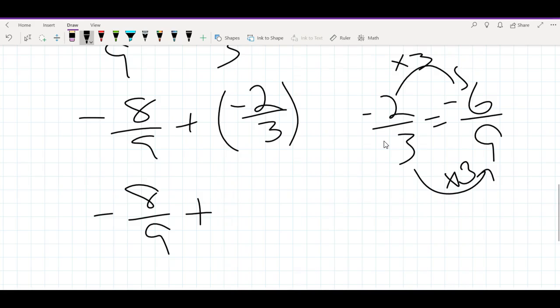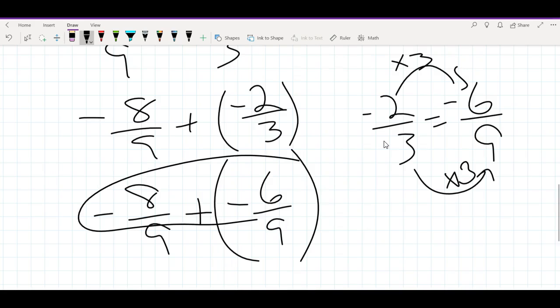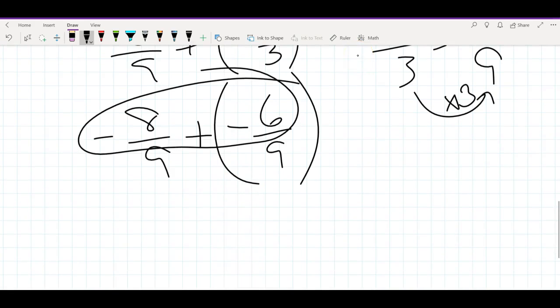So we're actually adding the opposite of 6/9. So now we're adding two numbers with the same sign. Negative 8 plus a negative 6 is a negative 14, and we keep the denominator of 9.